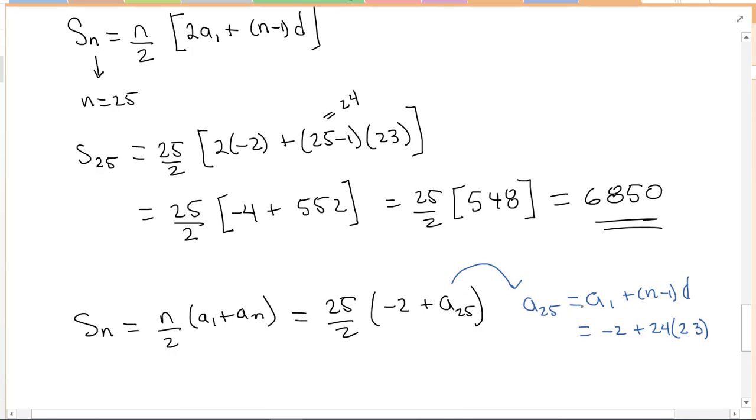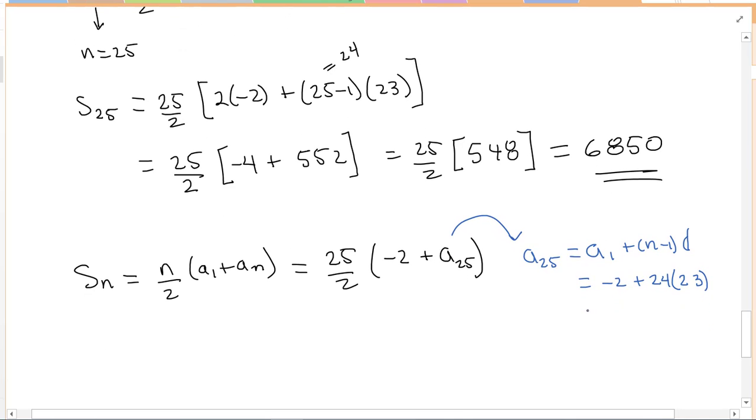And now we can figure out what that is, which we already know from up here: 24 times 23 is 552. So I have -2 plus 552, which gives us 550.